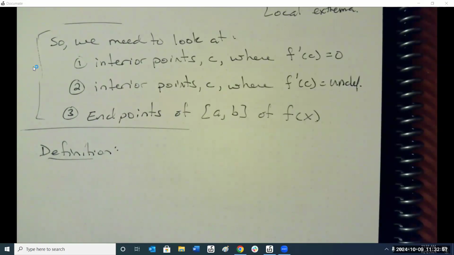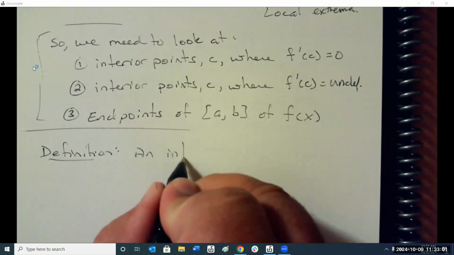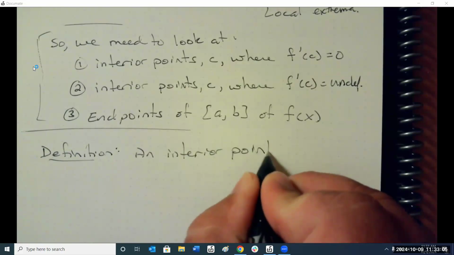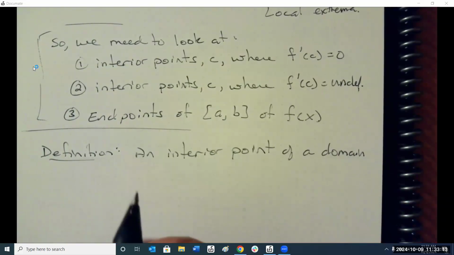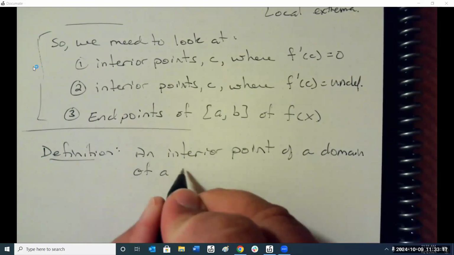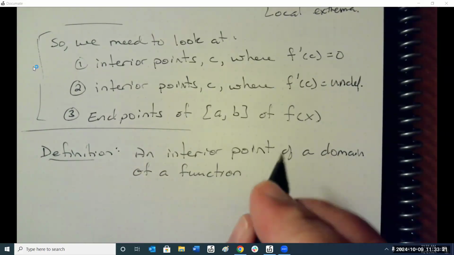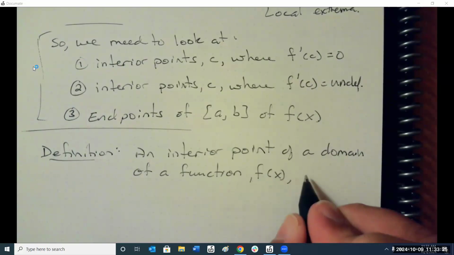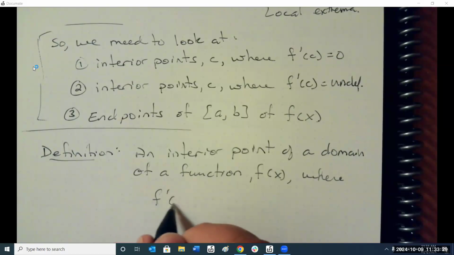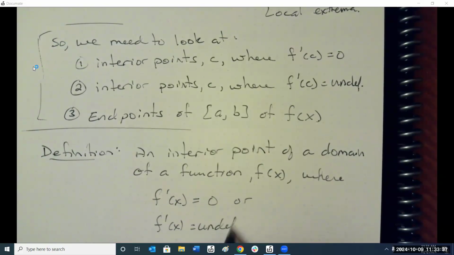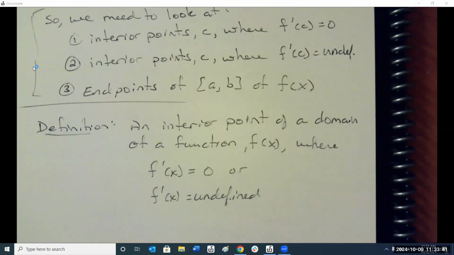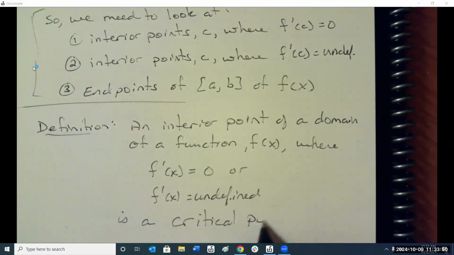Definition. An interior point of a domain of a function f of x, where f prime of x equals 0, or f prime of x is undefined, is a critical point of the function f of x.